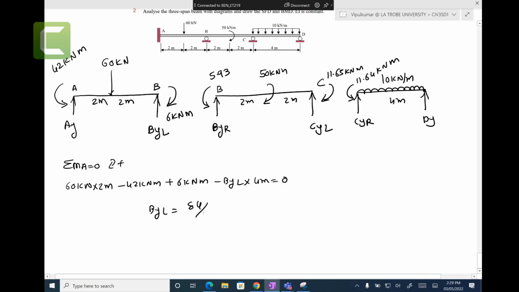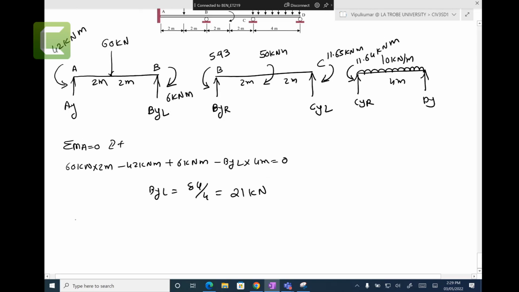BYL is 84 on 4, 21 kilonewtons. Sum of the forces in Y direction, upward is positive: 21 going up minus 60 kilonewtons down plus AY equal to 0. AY equal to 39 kilonewtons.